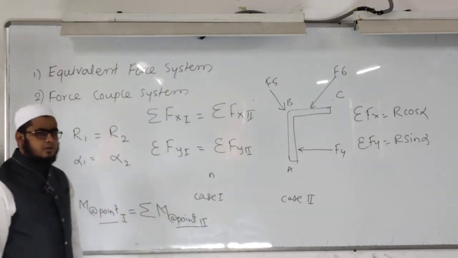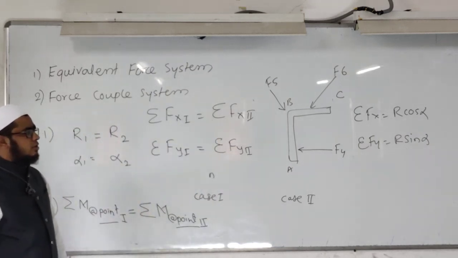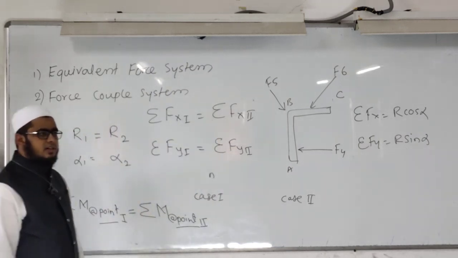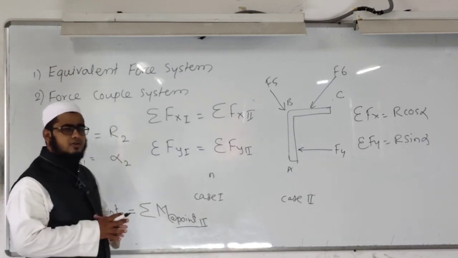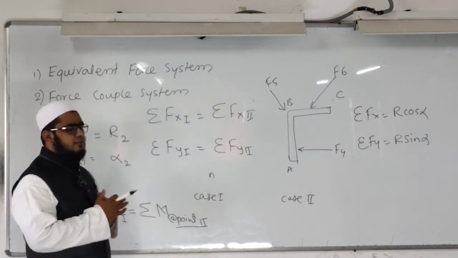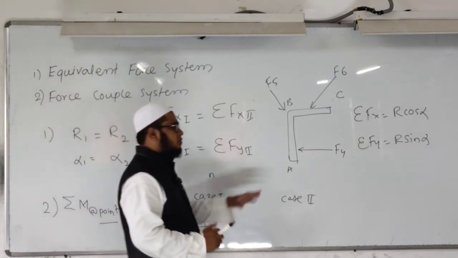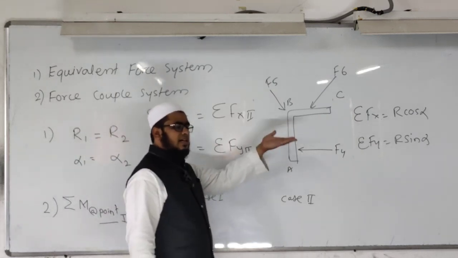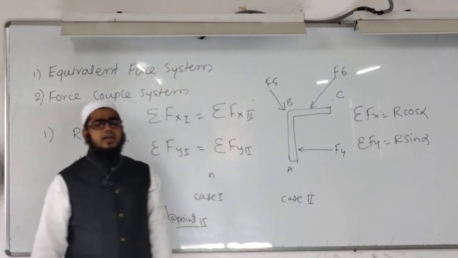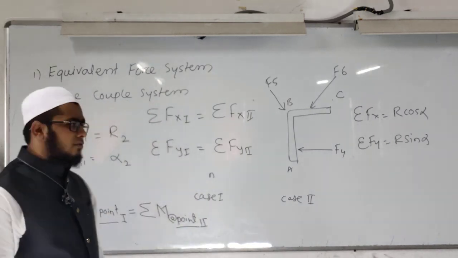It is a relationship between the horizontal component of the resultant and the algebraic sum of all the horizontal forces of the force system. Similarly for y, the algebraic sum of vertical forces is equal to R sin alpha, which is the vertical component of the resultant.